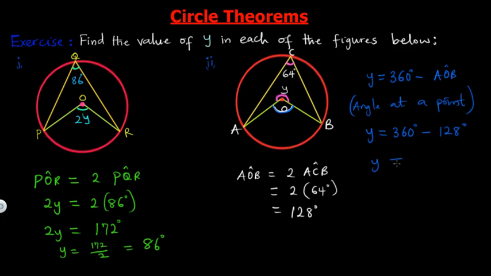When you subtract 128 from 360, what do we have? That will be 232 degrees. So we can say angle y is equal to 232 degrees. You see the logic? Since we know this angle, we have to get this angle. After getting this angle, we subtract it from 360, which is angle at a point, to get this angle y. Interesting, right? Good.